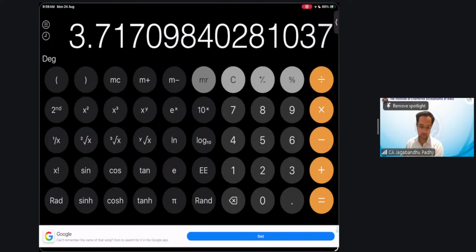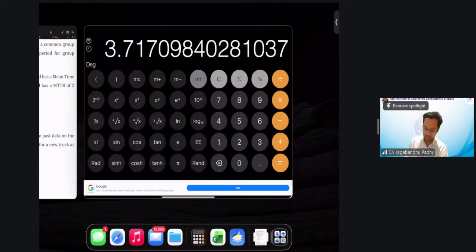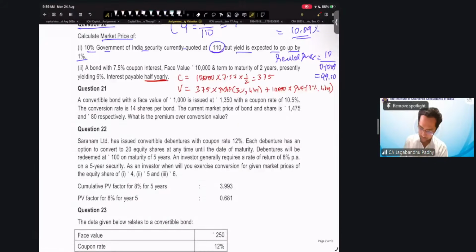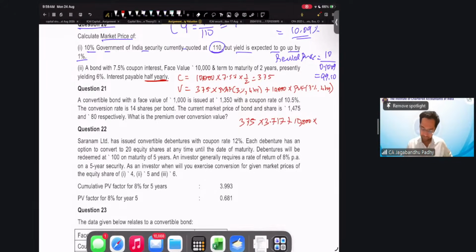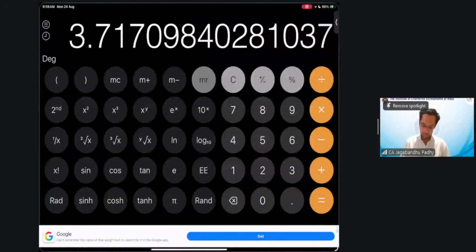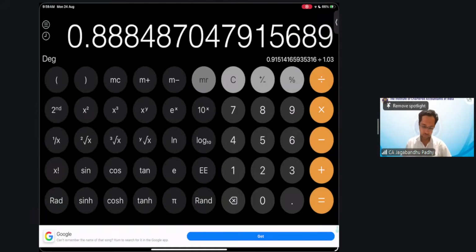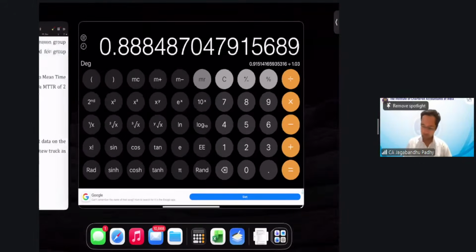The PV factor is 3.717. That's 375 multiplied by 3.717. And also this 10,000 into the PV factor. It's 1 divided by 1.03 to the power 4, 0.884.